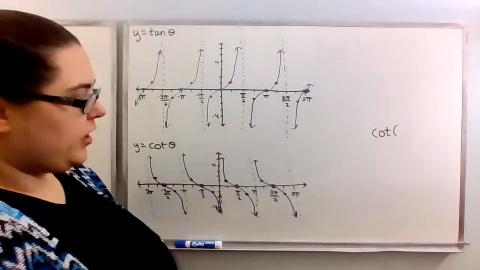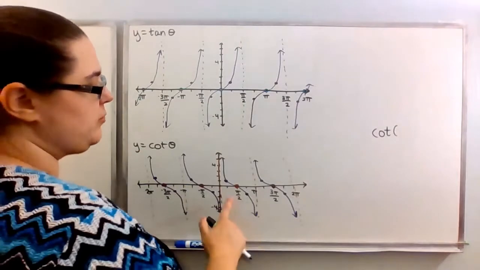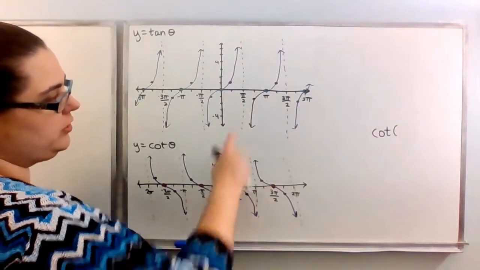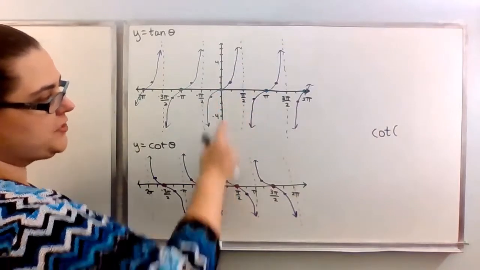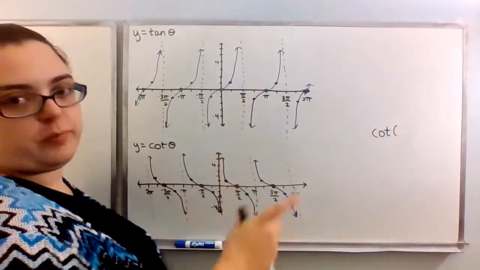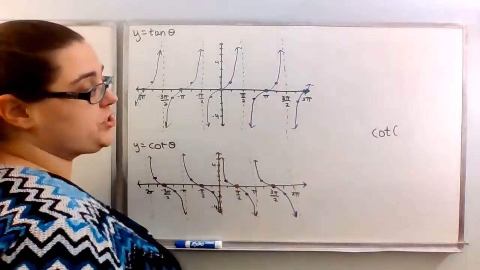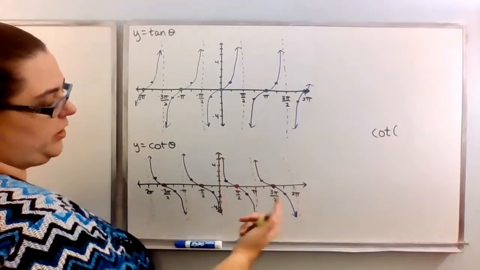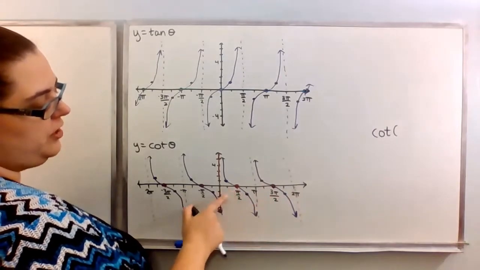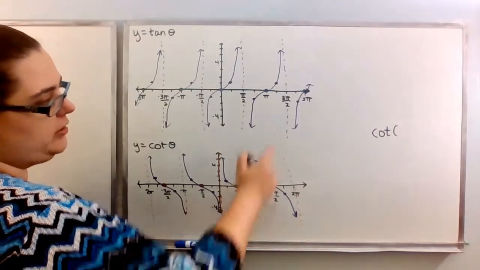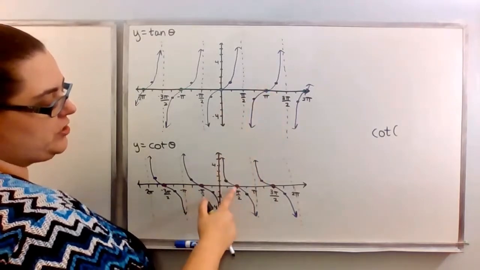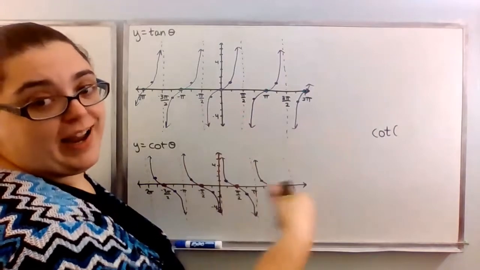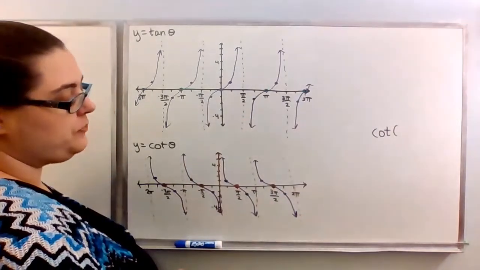One thing I'm going to need to do is bring the x-intercepts over by an amount of pi halves. So there is some shifting involved. Maybe I want to shift to the left or to the right. Either way, it's going to work out, right? If I shift this pi halves over to pi, I get my intercept. If I shift it over to the left, I get that other intercept. So we know pi halves is going to be involved in a shift.